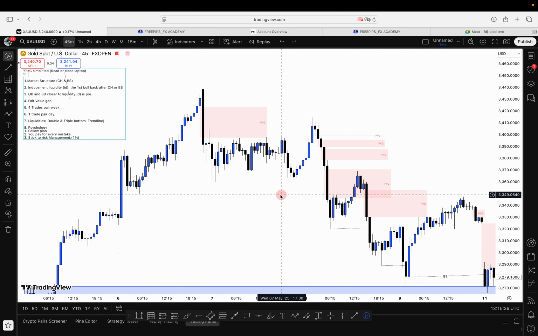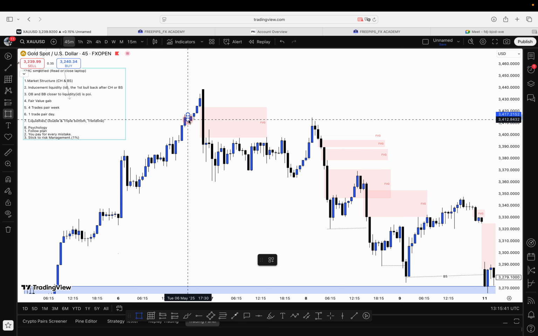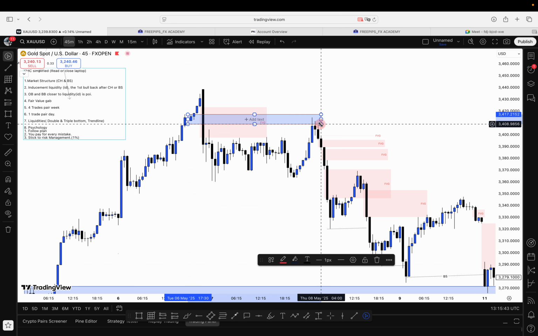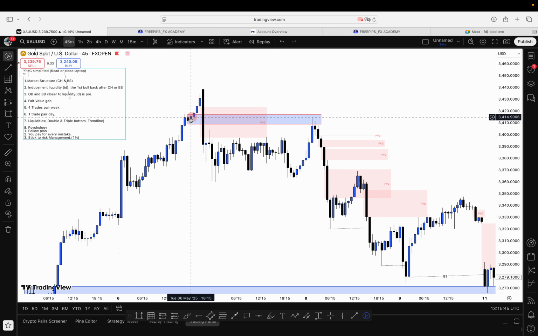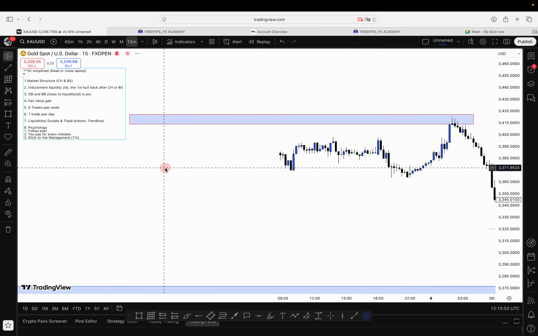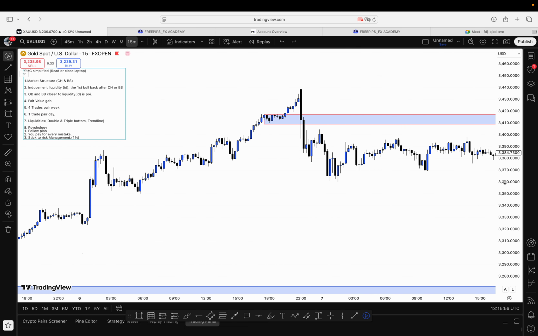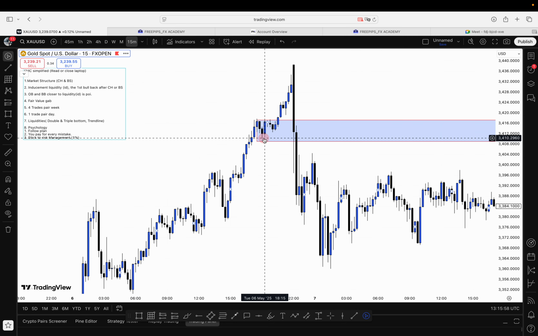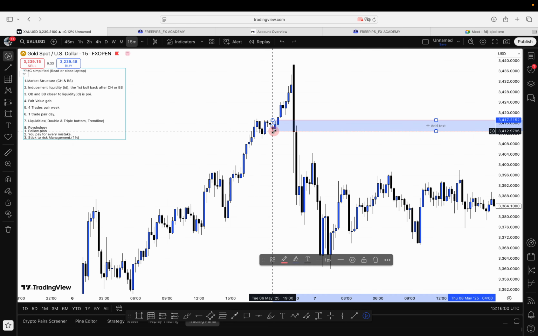Let me clear here so everything becomes clear. So per this one, you see this candlestick, price respected this one to sell, because before it was an order block. If you go to 15 minutes or 1 minute, here was a low that price shouldn't have broken.